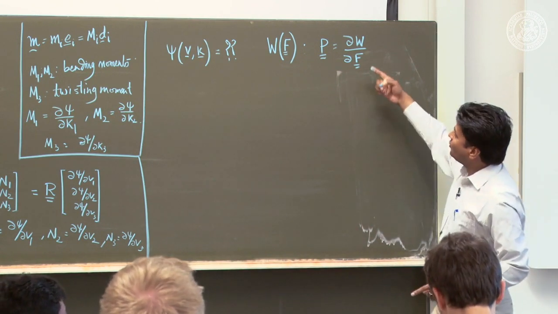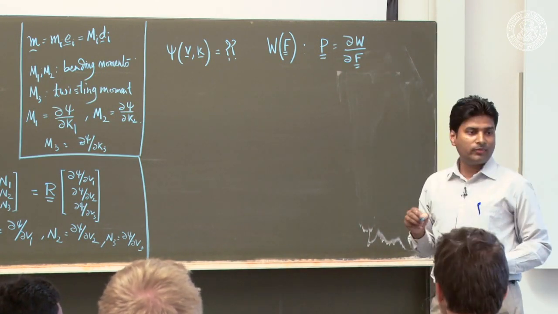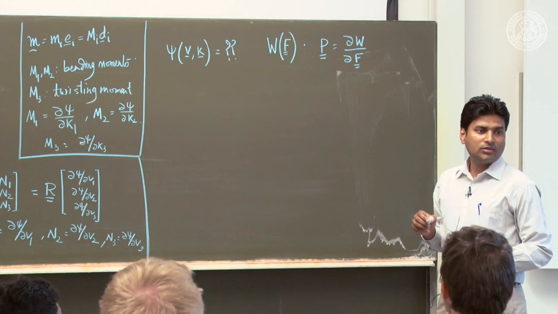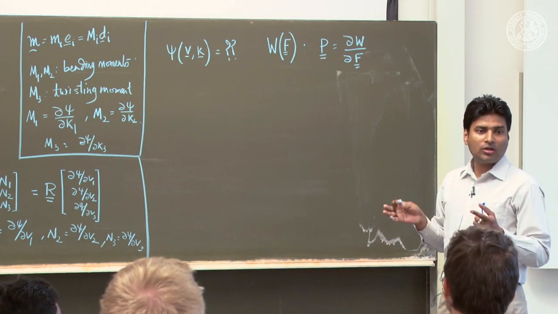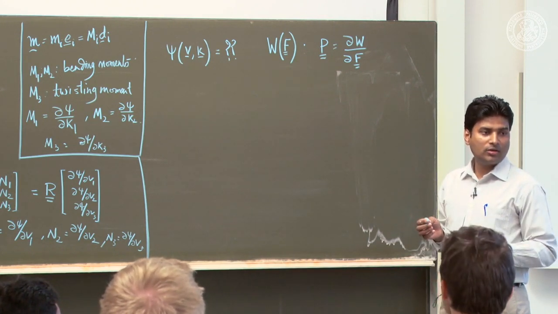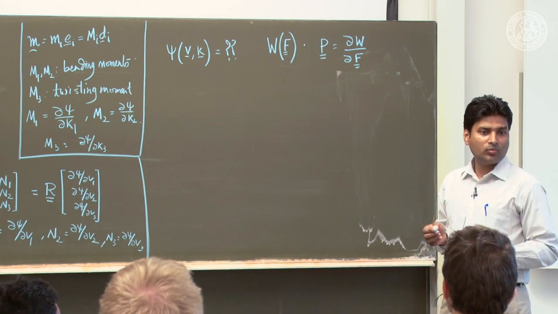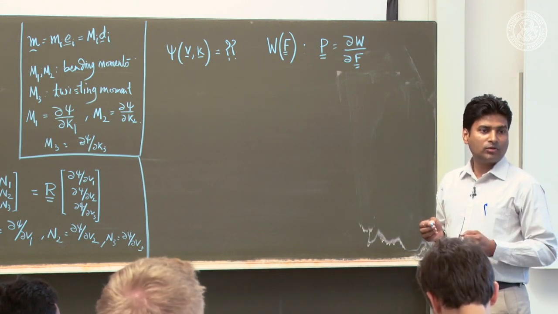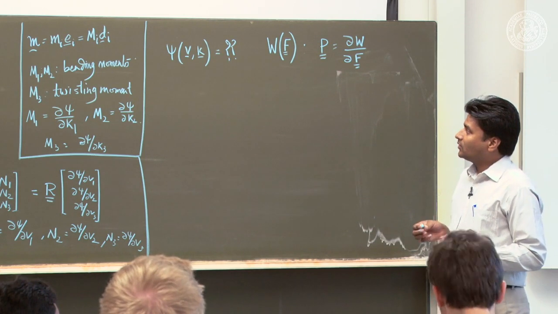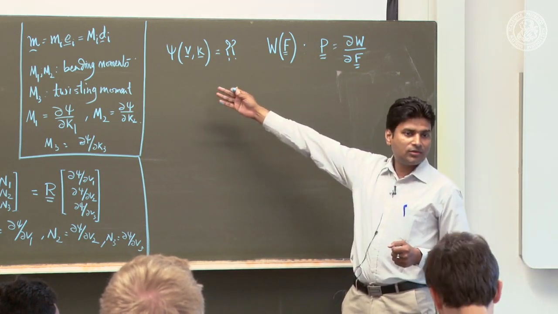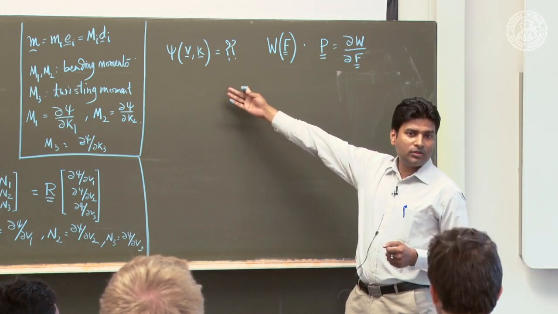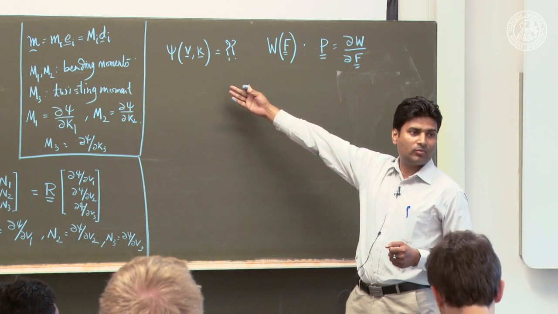But then again the question would be, what's the mathematical form of W? There are so many models, for example, the Saint Venant model, the neo-Hookean model, the Mooney-Rivlin model for W. So here also we have to think about what should be the mathematical formula for psi.